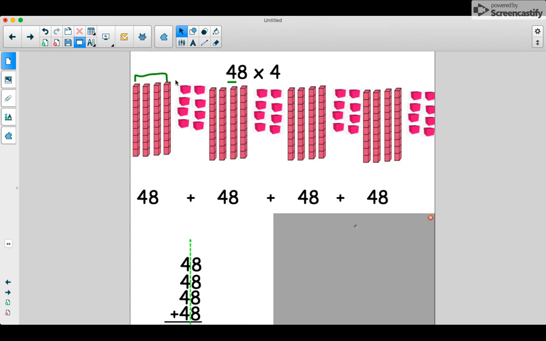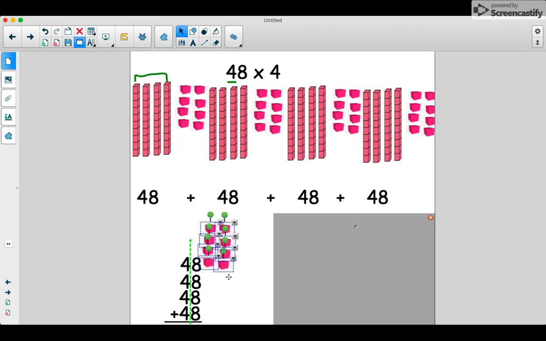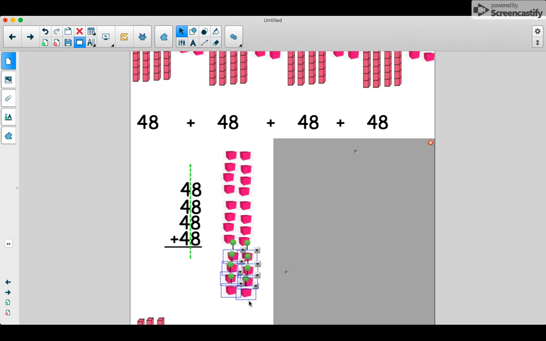That means that I would take those 8 1s and add them 4 times. So that's 1, 2, 3, 4.